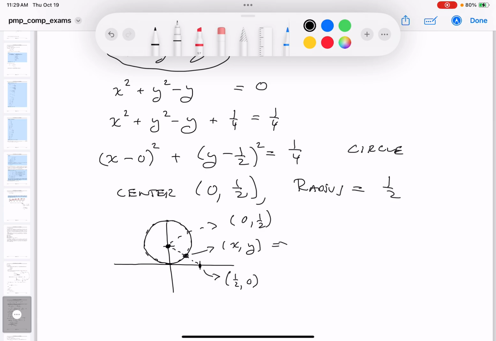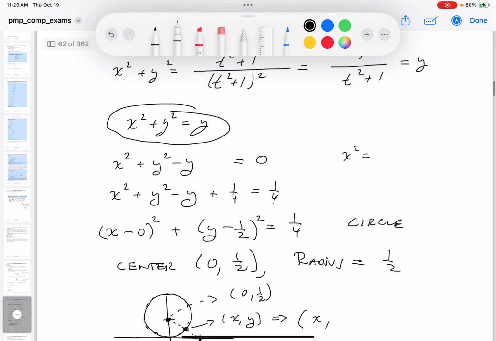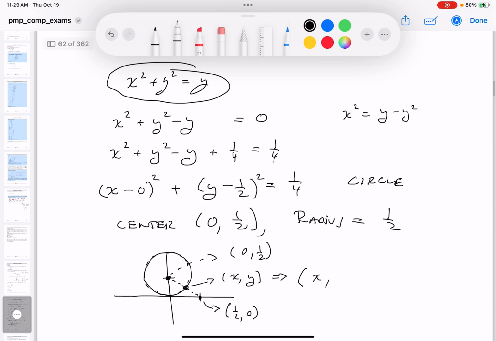All right, I'm going to keep writing this over and over again. And I'm going to say x. Well, maybe I shouldn't use x. No, I can use x. And then I'm going to write this over here: x squared is equal to y minus y squared. All right?